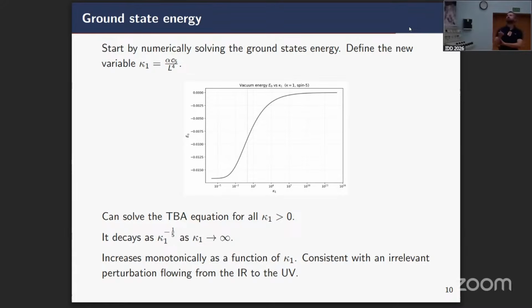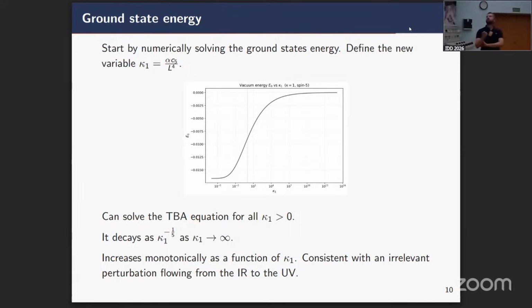Now, this monotonically increasing behavior lends itself to an interpretation as an irrelevant RG flow. And this isn't too surprising, because if I go back to the defect, I have some current that I've integrated over, and this current was an irrelevant operator to begin with.